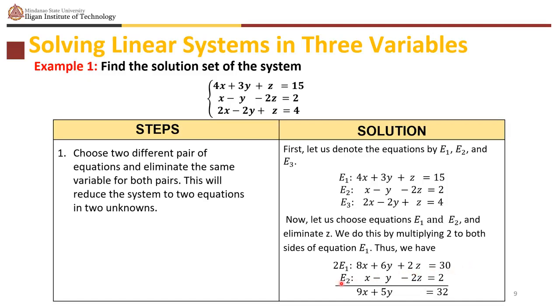And since our e sub 2 is x minus y minus 2z is equal to 2, when we add the two equations, we come up with 9x, 6y minus y is 5y, and 2z minus 2z is equal to 0, so 30 plus 2 will give us 32.